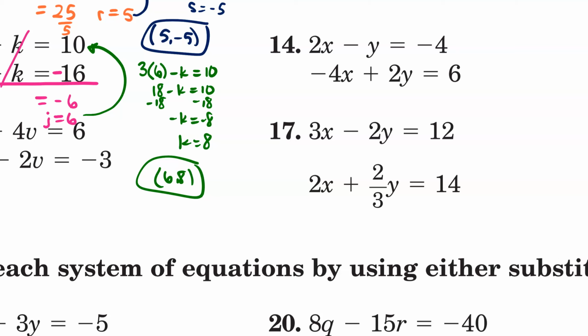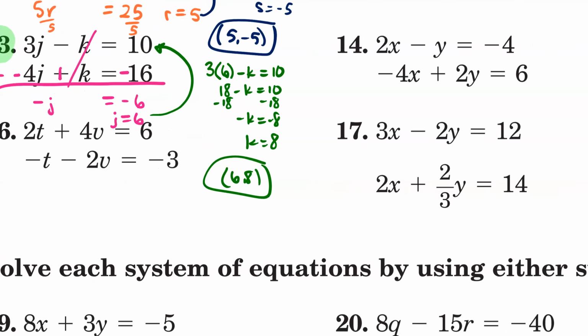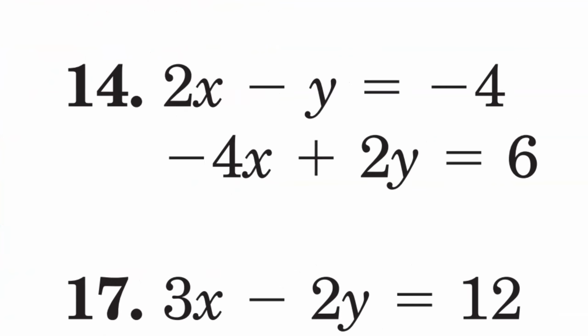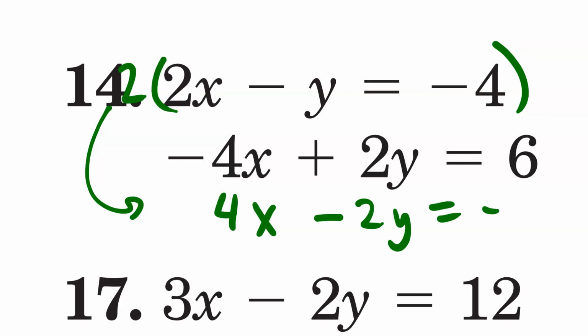How about 14? Multiply by 2 and then drop the top one by 2. So if you multiply the top one by 2, what happens? I get 4x minus 2y equals -8.